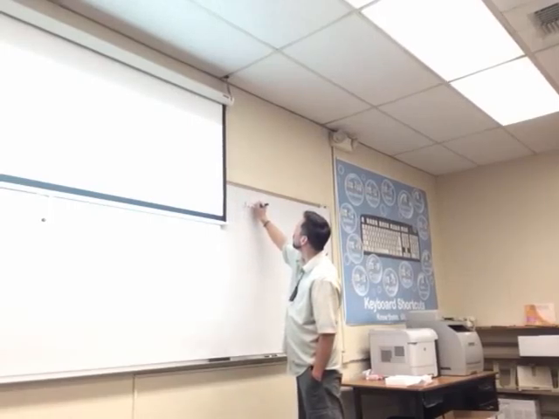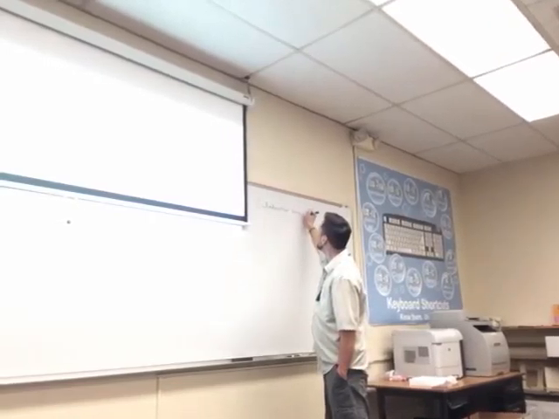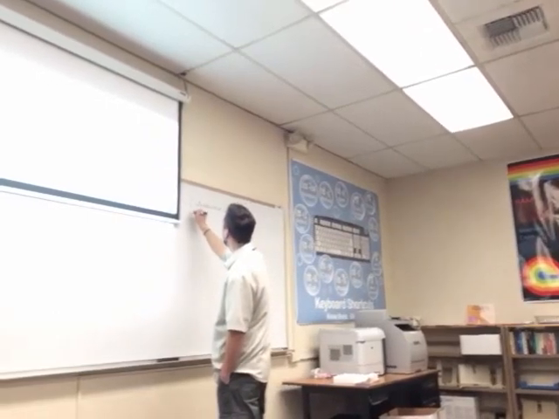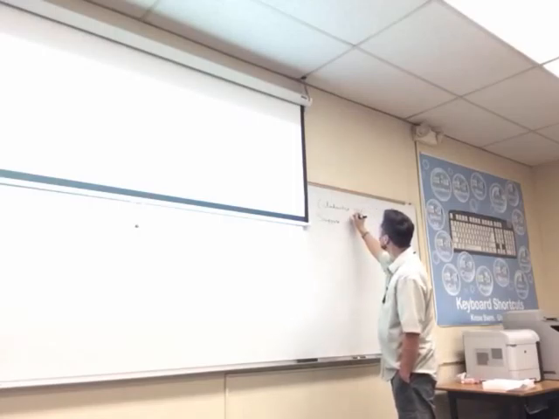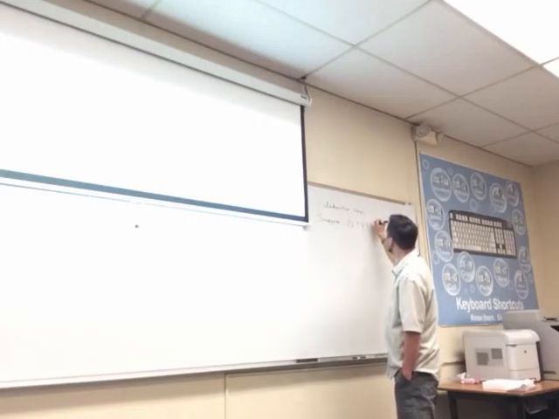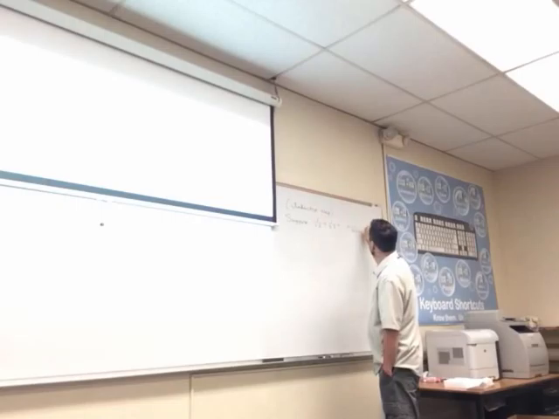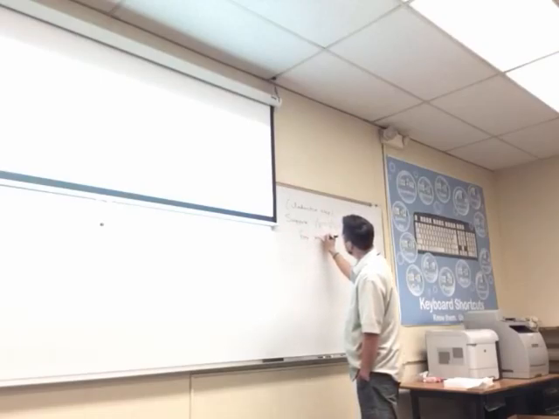Okay, so now the inductive step. This is always the longer part. Suppose 1/(1 times 2) plus 1/(2 times 3) plus and so on, up to 1/(k times k plus 1), is equal to k over k plus 1 for some positive integer k.